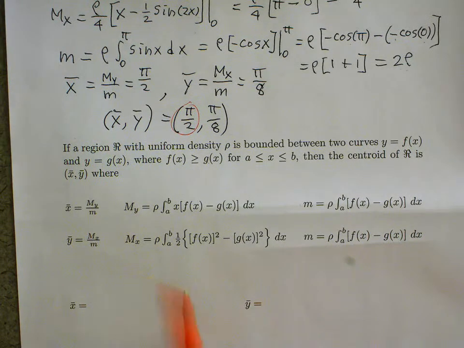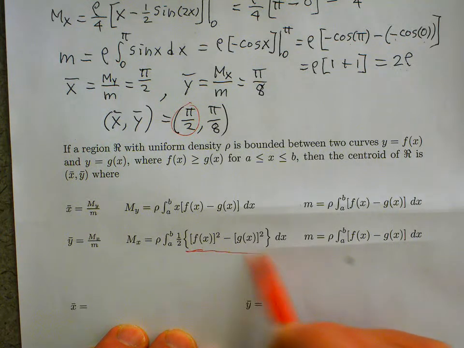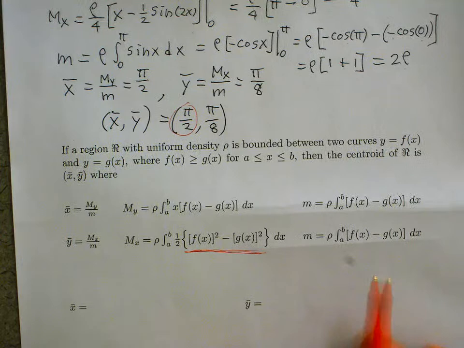So it's a little more tricky to find the moment of the region about the x-axis. So it's still rho times the definite integral from a to b of 1/2. But it's easy to overlook what's going on here.